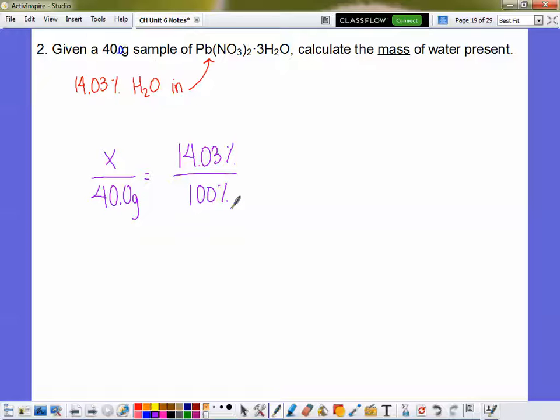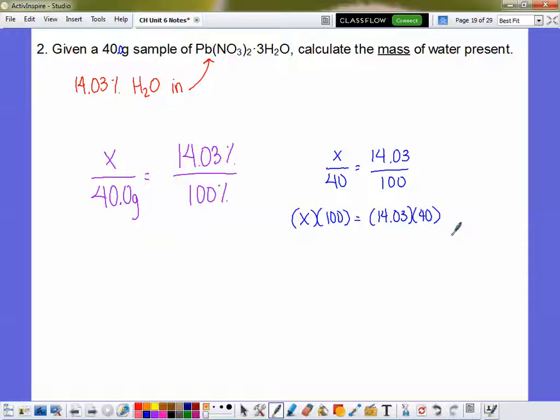So part over whole, 14.03 over the total 100% equals X over 40. And again, if the units throw you off, get rid of them, and then you just have X over 40 equals 14.03 over 100. To solve for that X, you're going to cross multiply. So you have X times 100 equals 14.03 times 40.